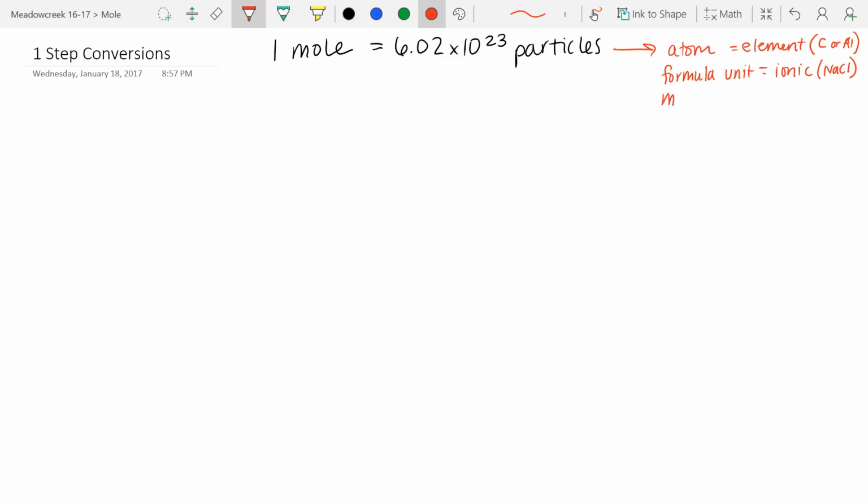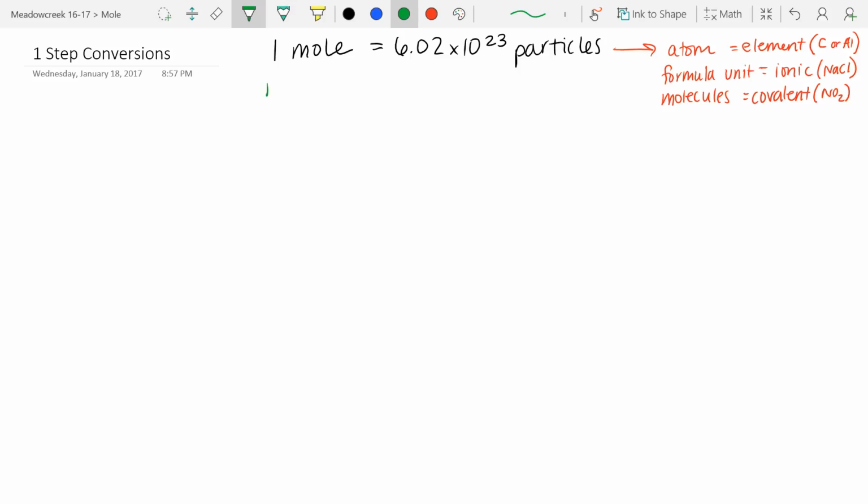It could be talking about molecules, which is when we're talking about covalent compounds, for example, sugar, or anything like NO2. NO2 is both nonmetals, so it's covalent. So all of these four words could be referencing particles.